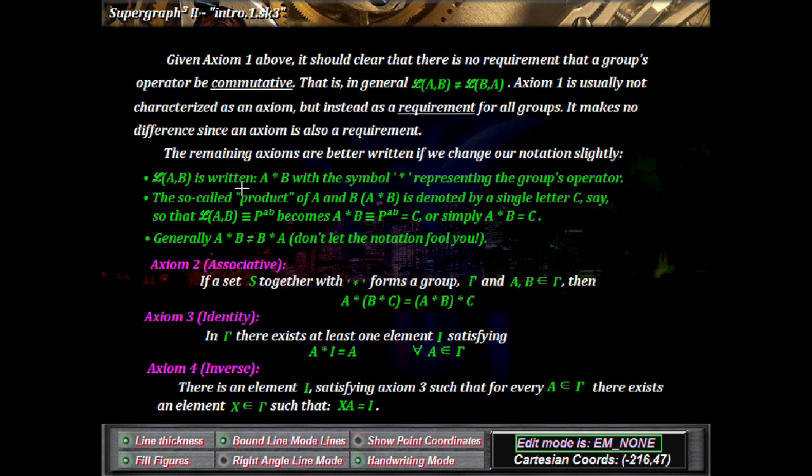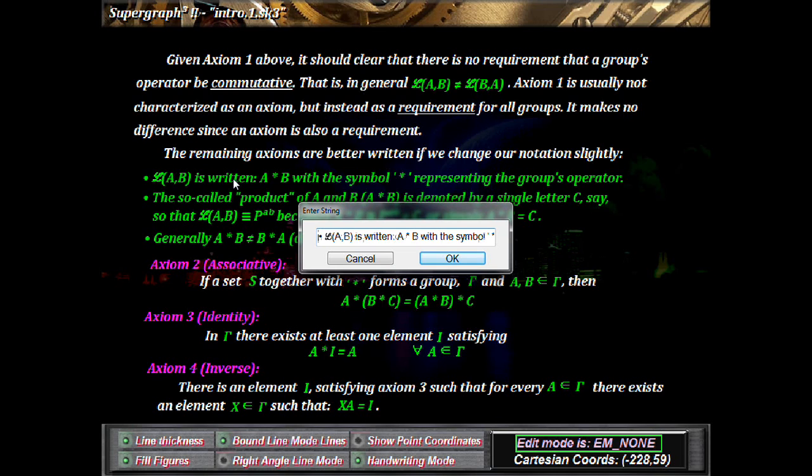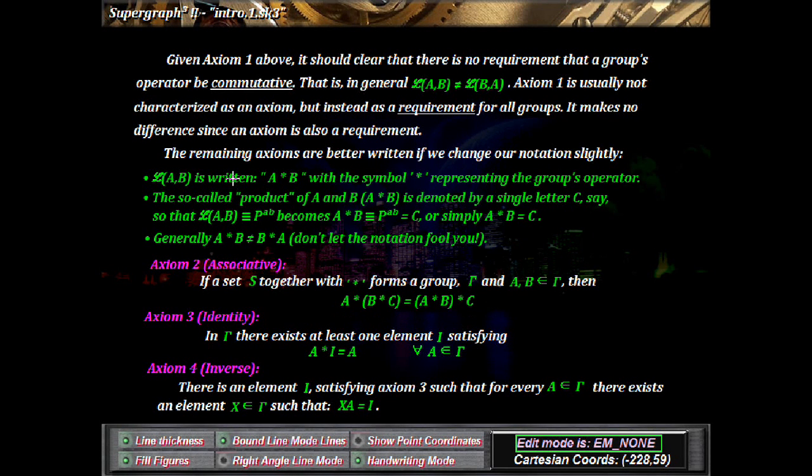I could put quotes or something. I don't like to think that the underline is required. Something like this. A star B. Okay? And the symbol star is called the group's operator. And there's only one.